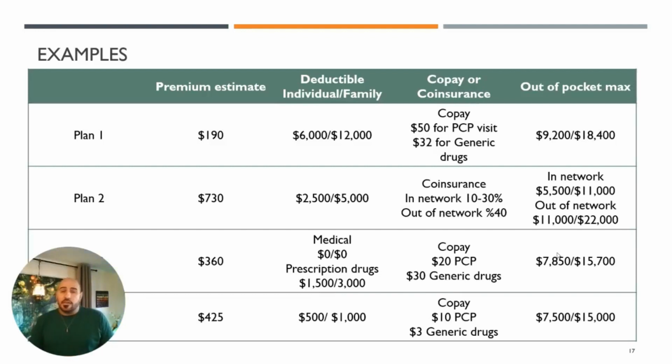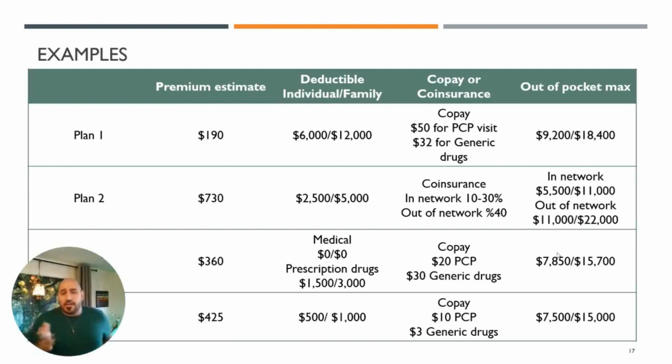But if you have a prescription, you have to pay the first $1,500 as an individual versus $3,000 for a family, and then they start paying. And I think that's even beside the $30 that you'll be paying. So you pay $30 for the generic drug, plus the cost of the medication, which could be very expensive.